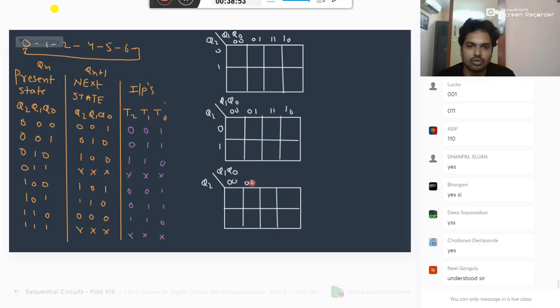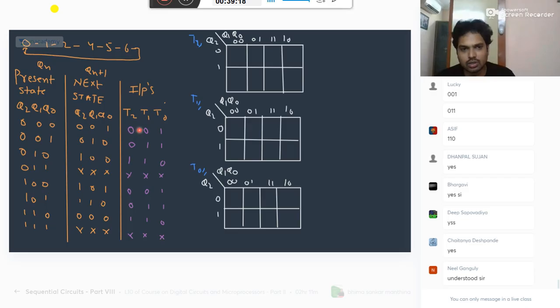Zero, zero, zero, 1, 1, 0. Okay, fine. So what are the inputs you should write is this is for T2, T1 and T0. Okay, so you should fill corresponding. What is the corresponding one?